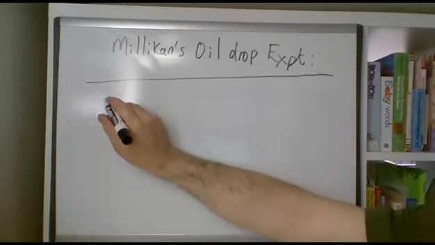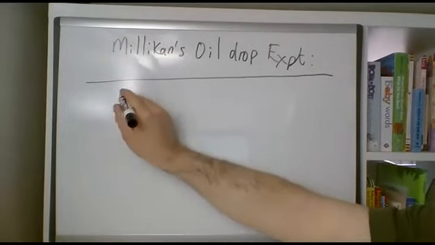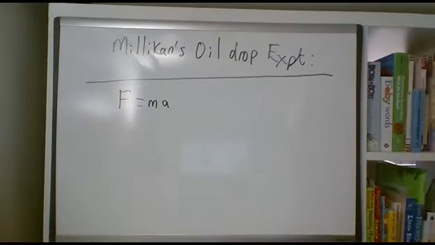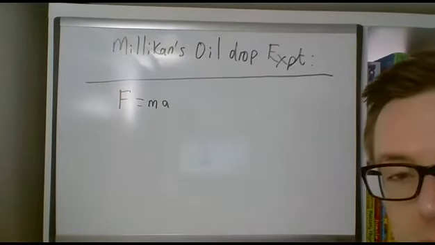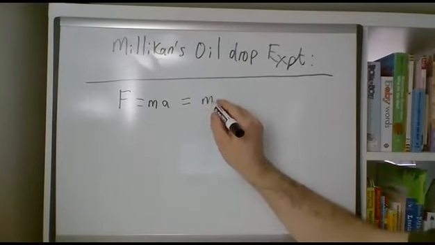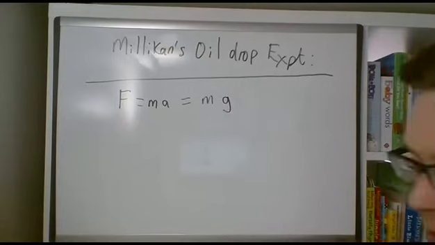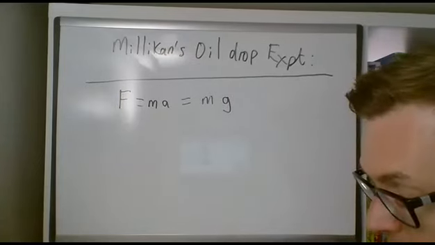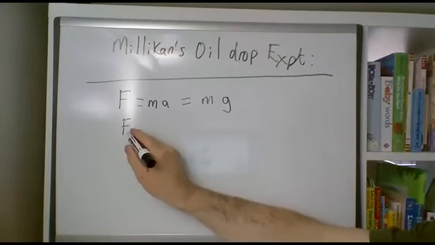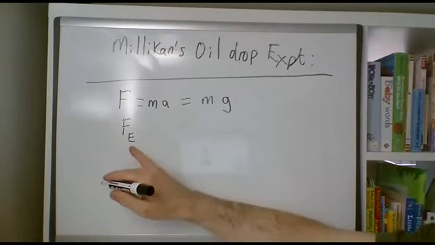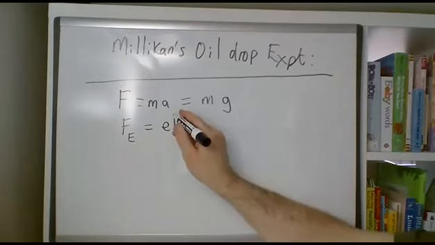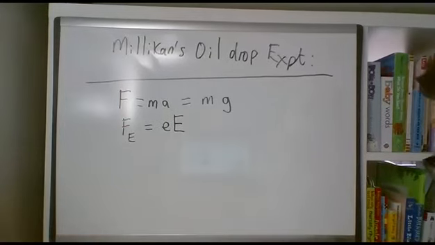From Newton's second law, force is mass times acceleration. The specific acceleration of interest here is acceleration due to gravity, so this is the mass of an object accelerating due to gravity, g. We've just seen that the force on the electron, because of the electric field E, is the charge on the electron multiplied by the electric field.